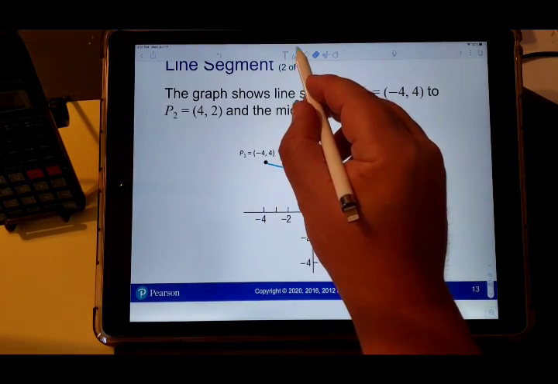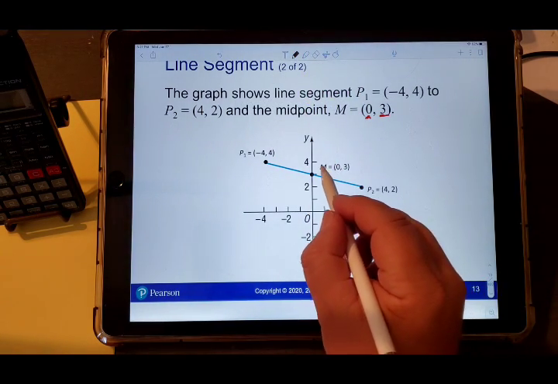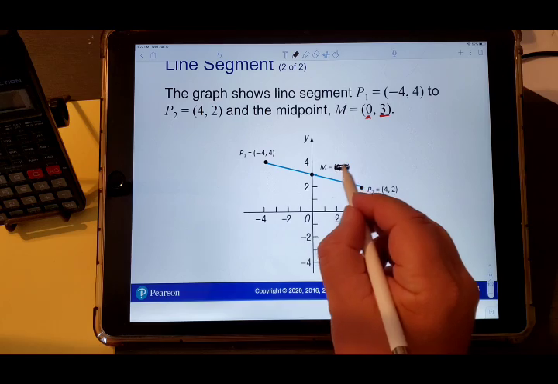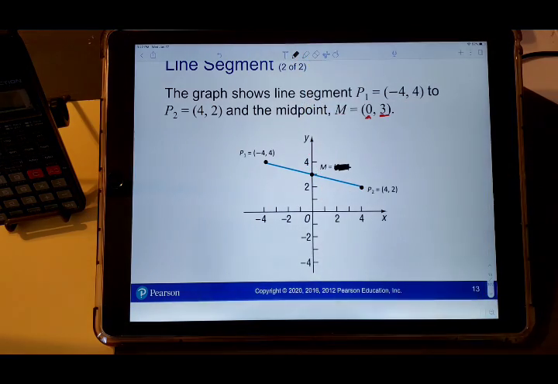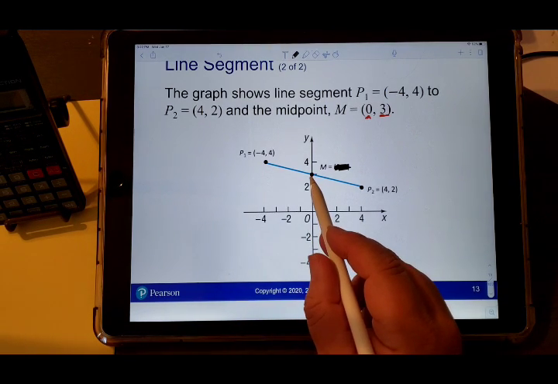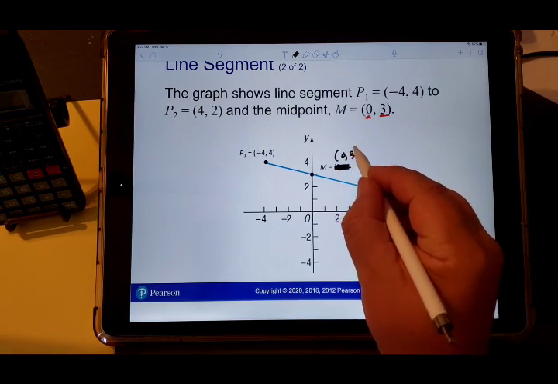What if that was not there? Everything else in this picture was there, but that wasn't there. Could you tell just by looking that that ordered pair is 0,3? I think maybe, but 0,3.